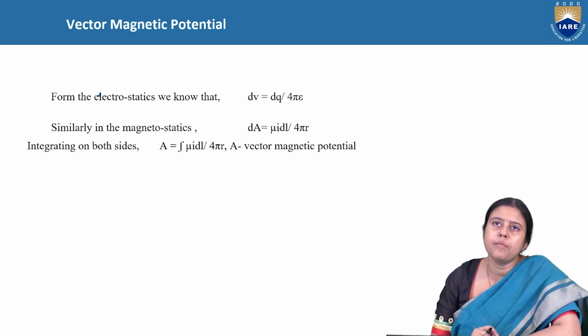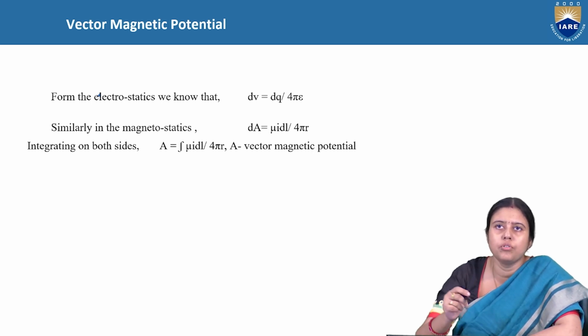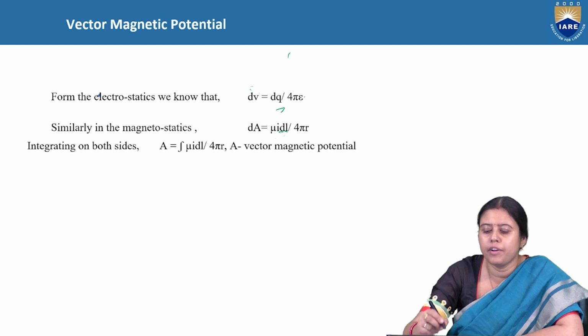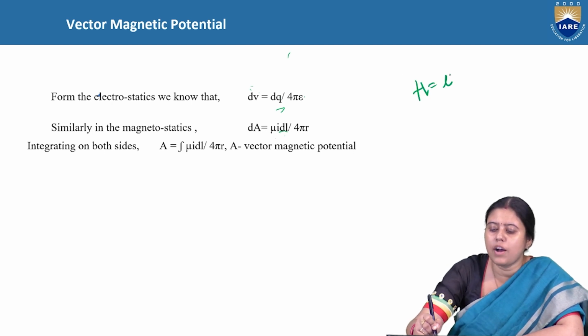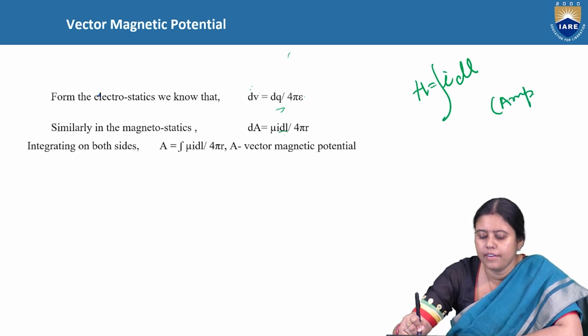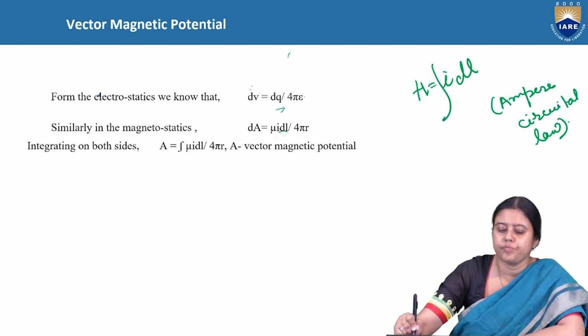And from electrostatics, we know dV is equal to dq by 4 pi epsilon r. Similarly, we can write dA, in the place of q we can write mu I dL, because H is equal to I into dL from Ampere's circuital law.